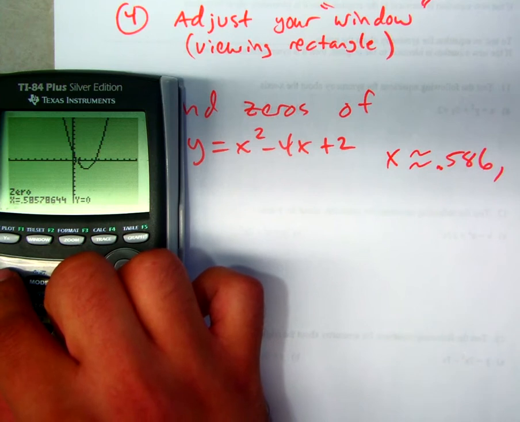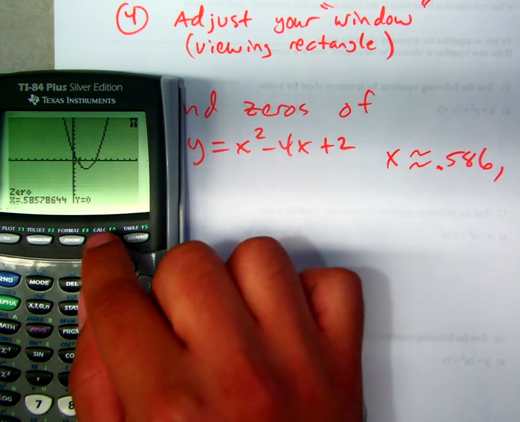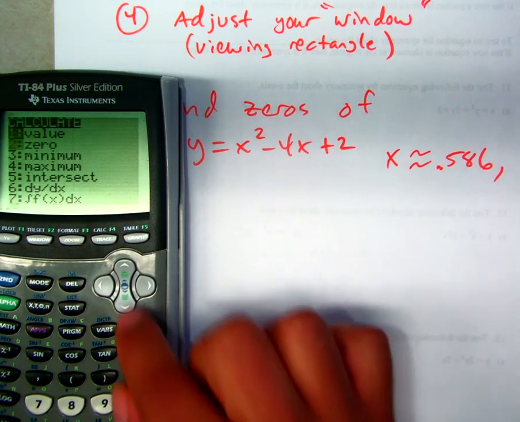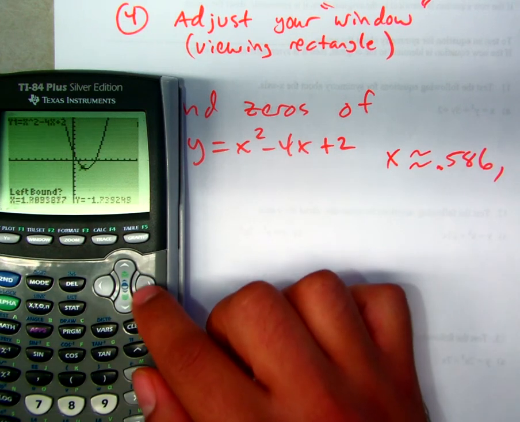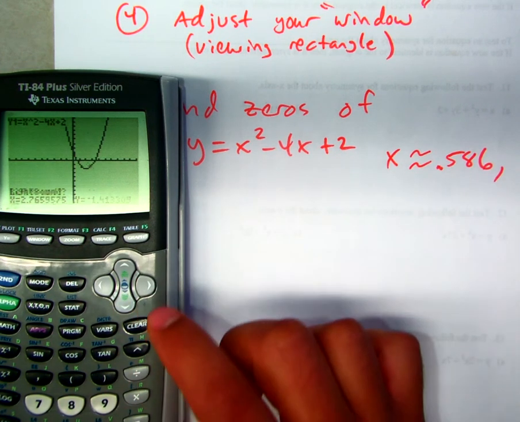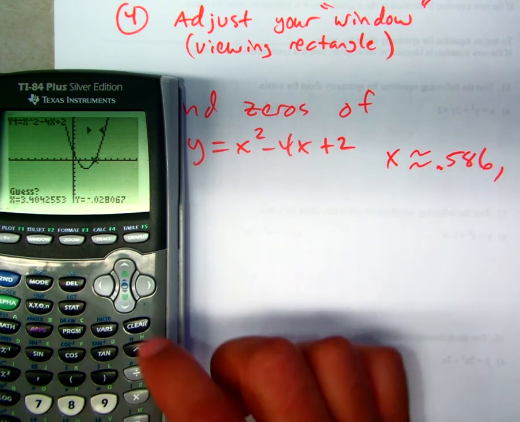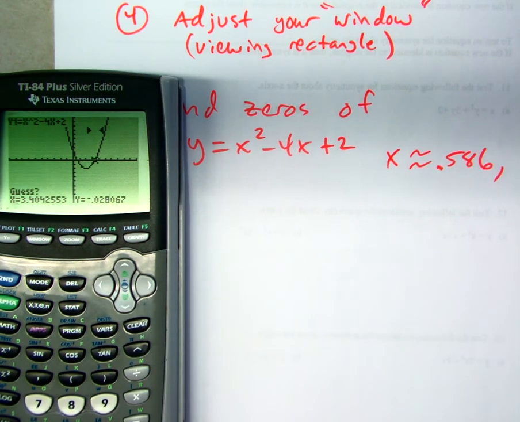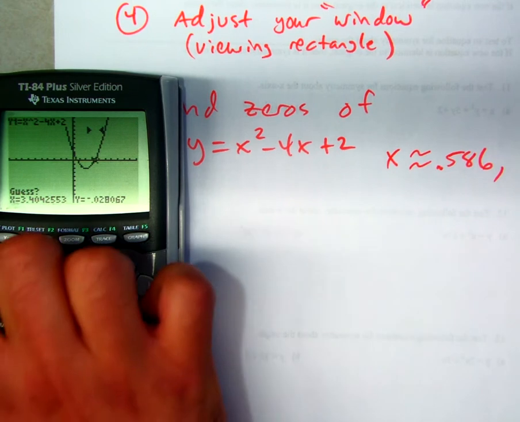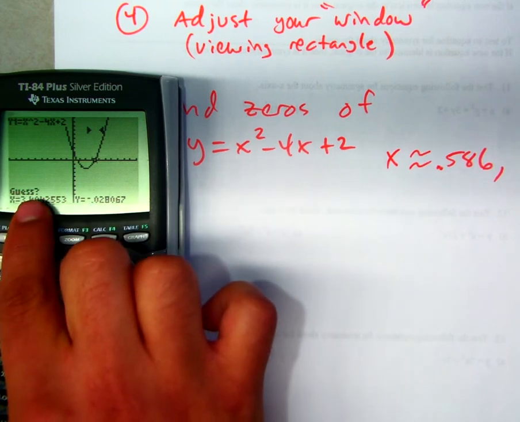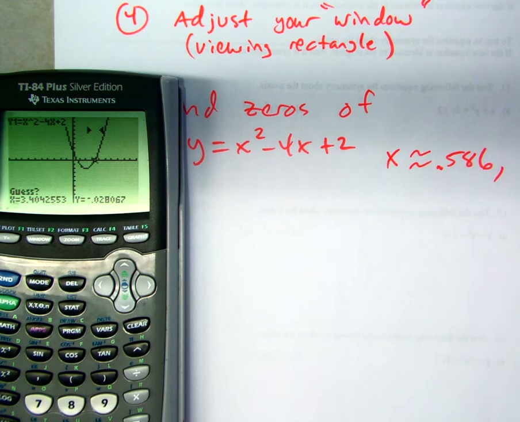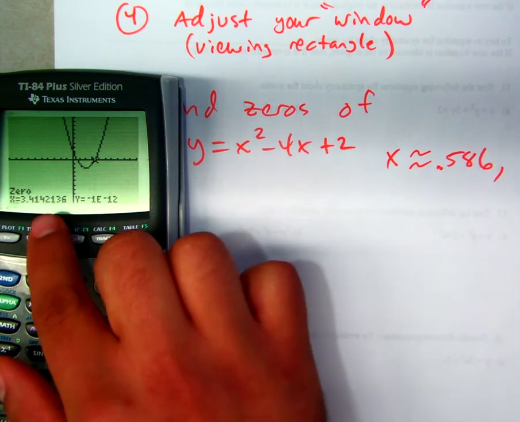Because I'm getting around that, but not 3.6. Let's try it. Second, calculate 0, enter on the left side, enter on the right. If you hit enter, did you get to the point where it said guess? If you hit enter after that, it tells you this is what I'm getting.